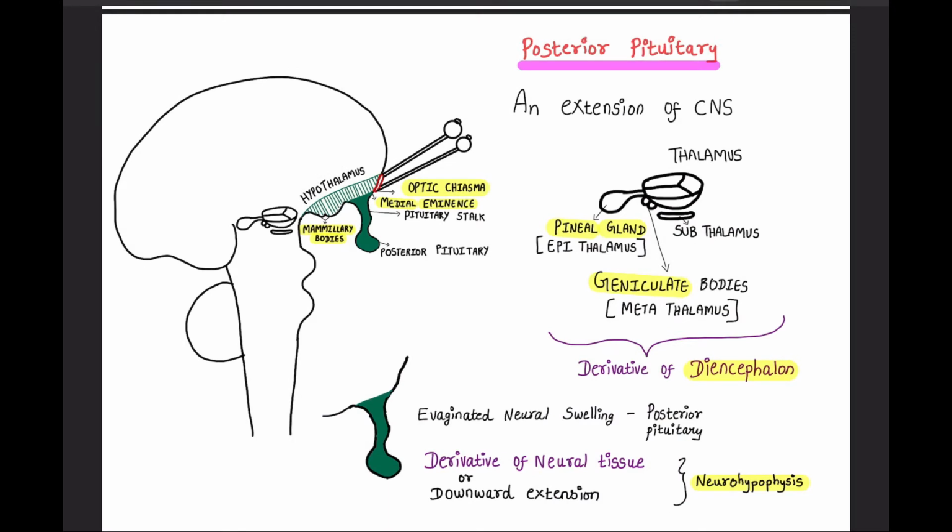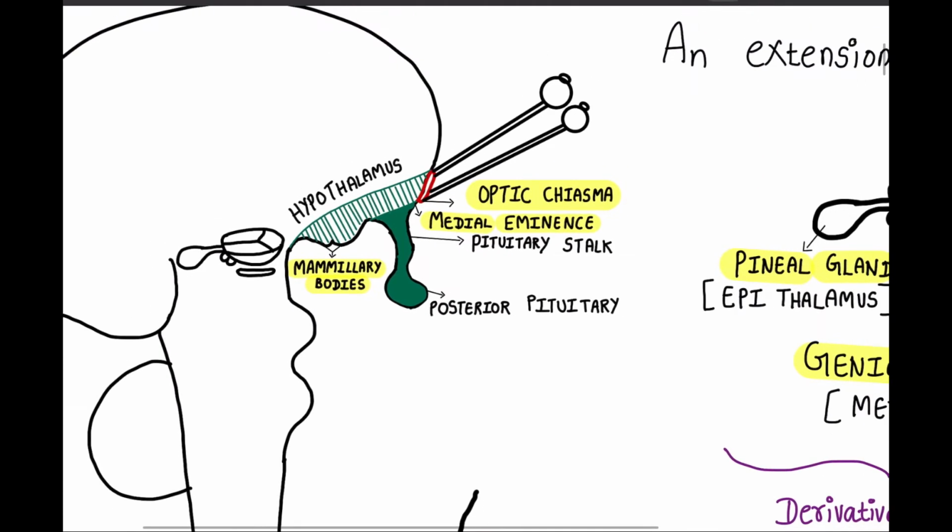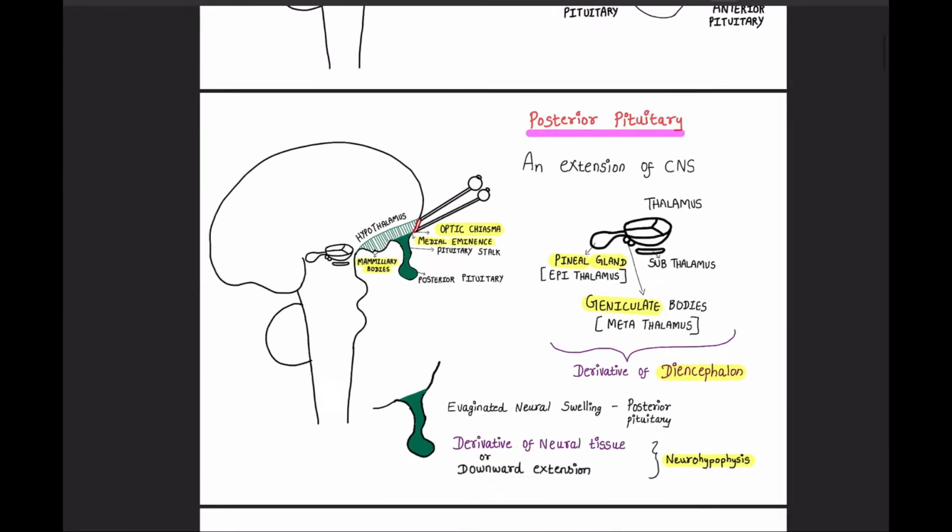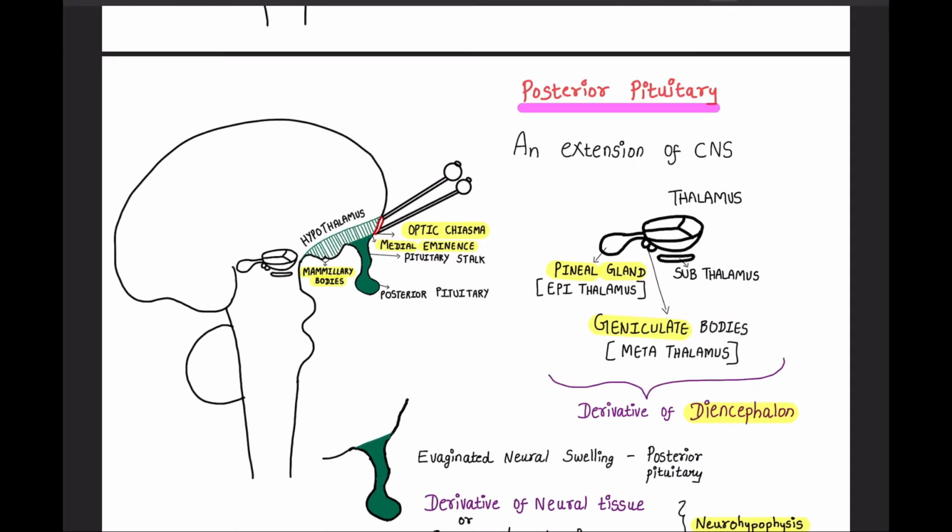So where is this posterior pituitary derived from? Basically it is an extension of the central nervous system, that is, a downward continuation from the hypothalamus. You know that the thalamus and the hypothalamus are derived from the diencephalon. We will discuss the diencephalon, metencephalon and other divisions in the cerebellum lecture in detail.